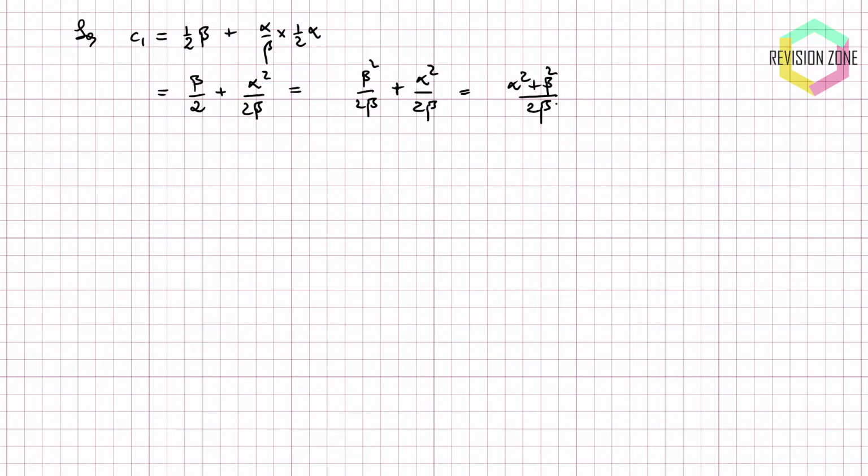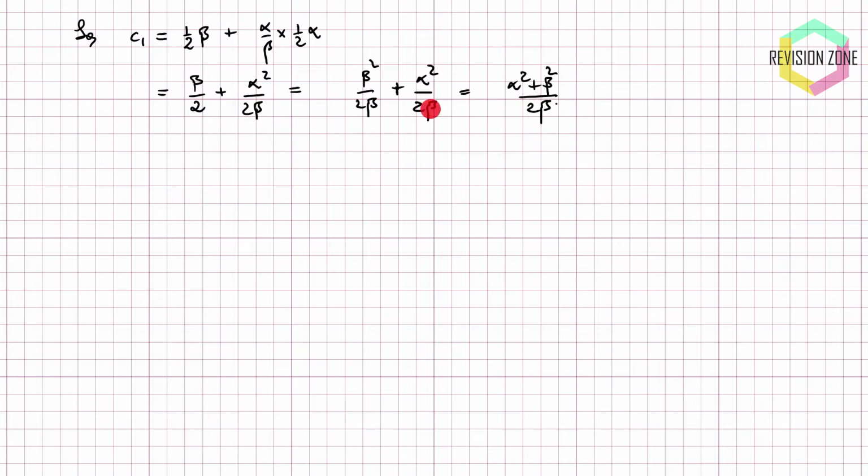So I will multiply alpha by alpha to get alpha squared, and I will multiply beta by 2 because 2 is in the denominator to get 2 beta. And now to be able to combine this, I need a common denominator. And I have a 2 here, I have a 2 here, but I have a beta here. I don't have a beta here. So I can multiply top and bottom by beta. So the top will become beta squared, and the bottom will become 2 beta.